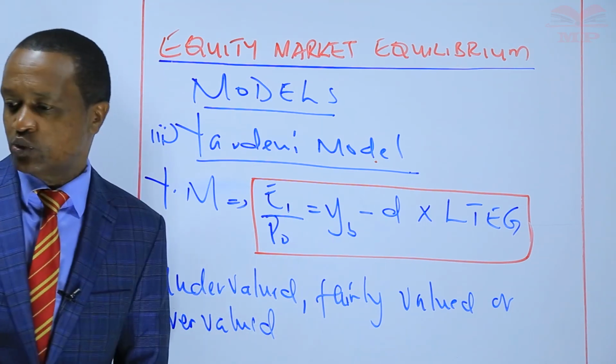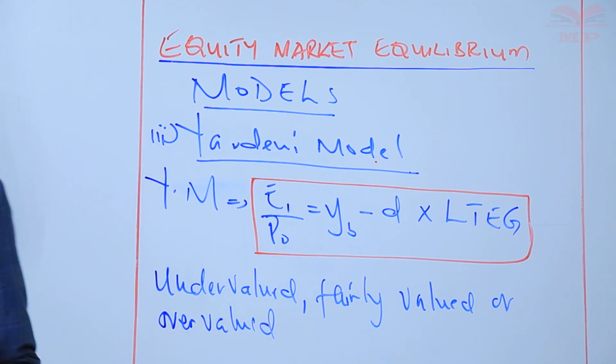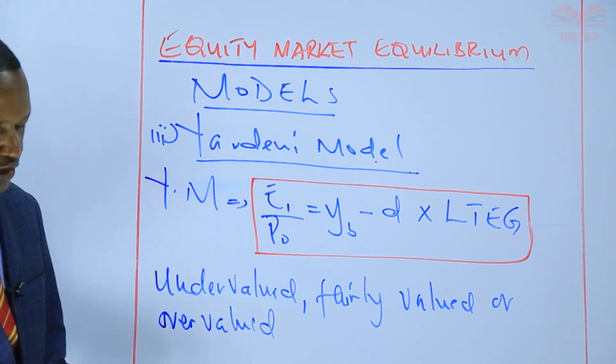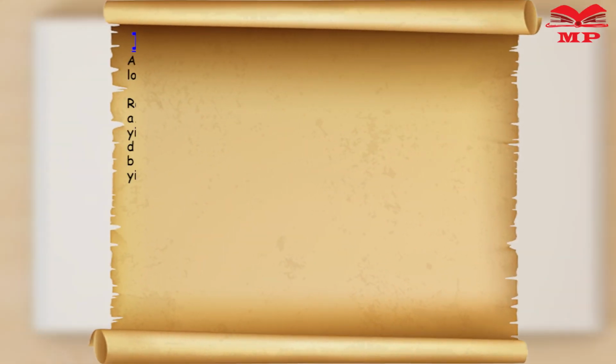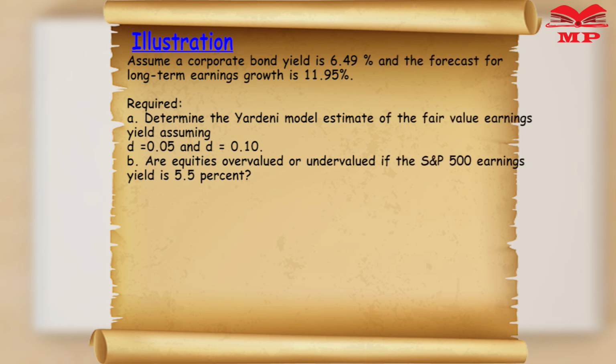We will now move to answer one or two questions. Yardeni model, question number 1. Illustration 1. Assume a corporate bond yield is 6.49% and the forecast for long-term earnings growth is 11.95%.